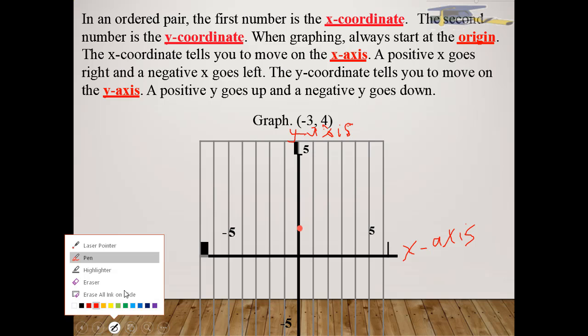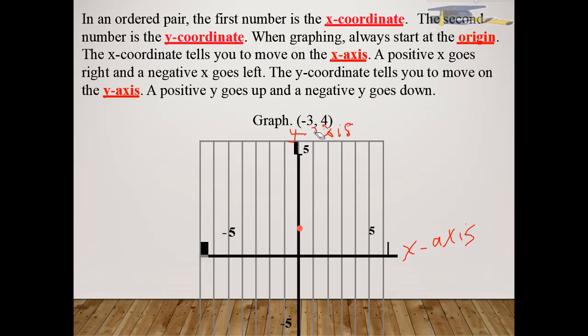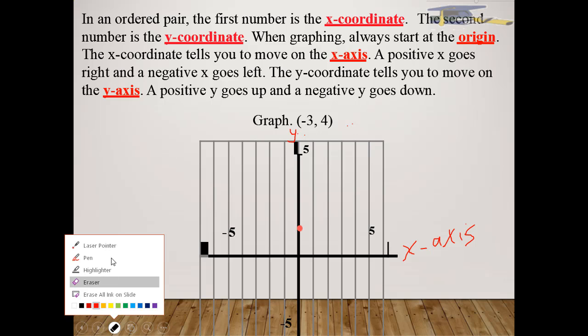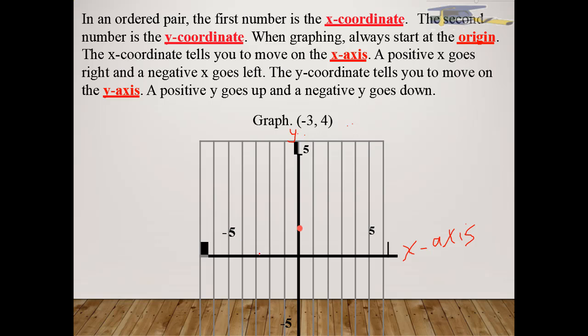Anyways, let's erase this. So you know that this is the y-axis and this is the x-axis. Okay, now let's number them. We need to represent the point negative 3 and 4. So what are the numbers here on our number line?